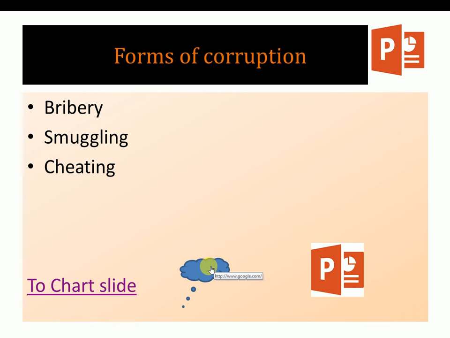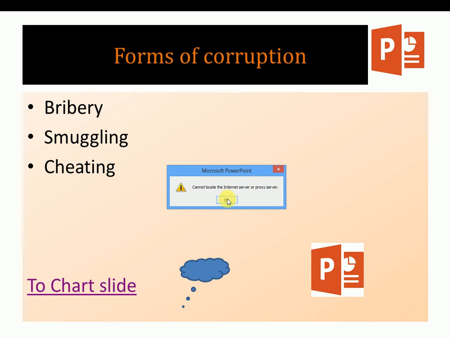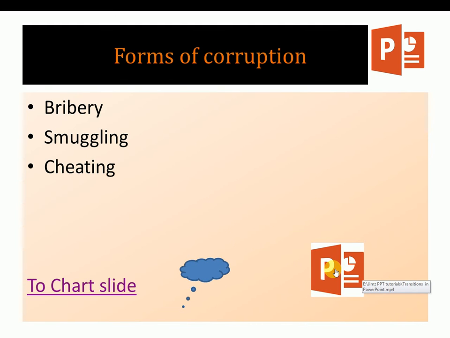I think you are seeing the Google site being displayed as I hover the mouse over the callout shape. So when I click on it and the internet was connected, it would display the web page of Google. But currently my computer is not connected. Now lastly, the picture link which links to a video.